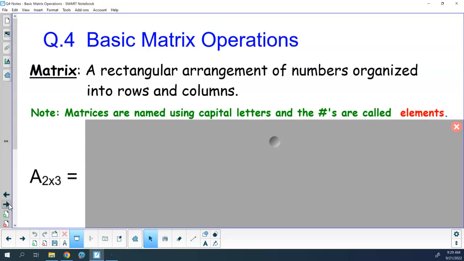Matrices are named with capital letters, so capital A would be matrix A. The individual numbers that make up a matrix are called elements.